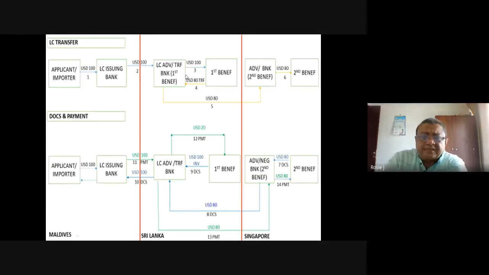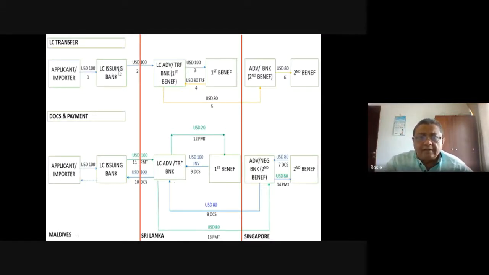When the second beneficiary gets the LC, People's Bank will say to Standard Chartered, look carefully, this is not People's Bank's LC. They won't send the same LC; they will transfer part of it in their own letter.